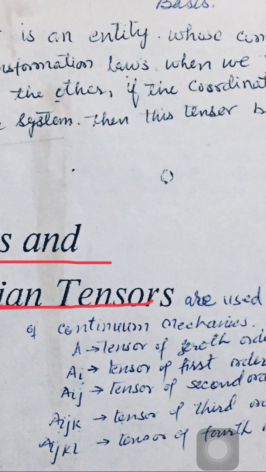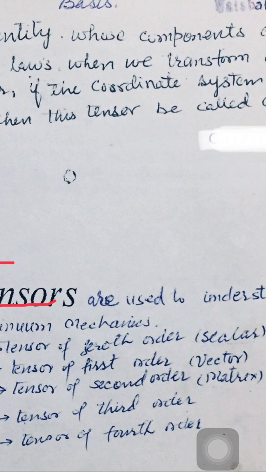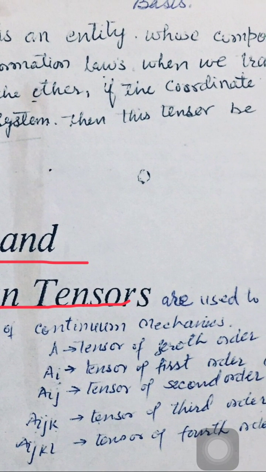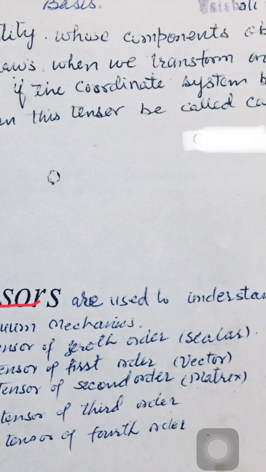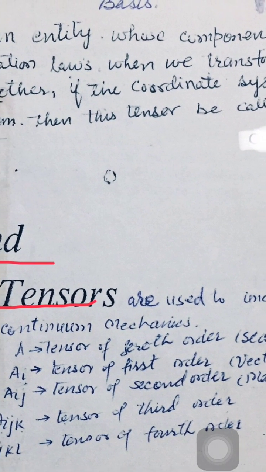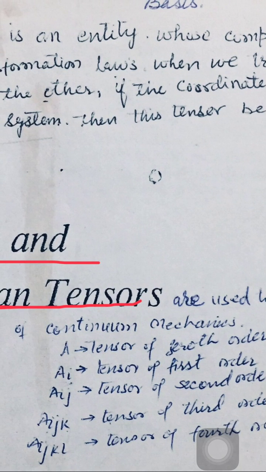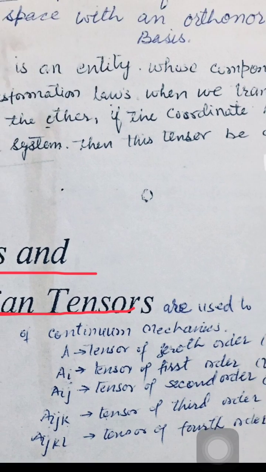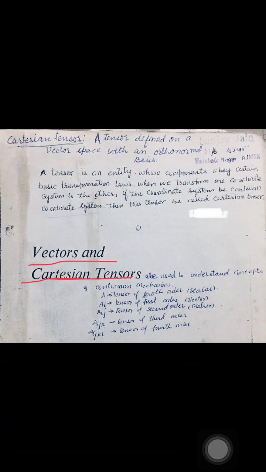Ai, having one index, i, is a tensor of first order, called a vector. Aij is called a tensor of second order, and this is also known as a matrix because its representation looks like a matrix. Aijk is a tensor of third order, and going on, Aijkl is a tensor of fourth order, and so on. We get different kinds of tensors, or different orders of tensors.